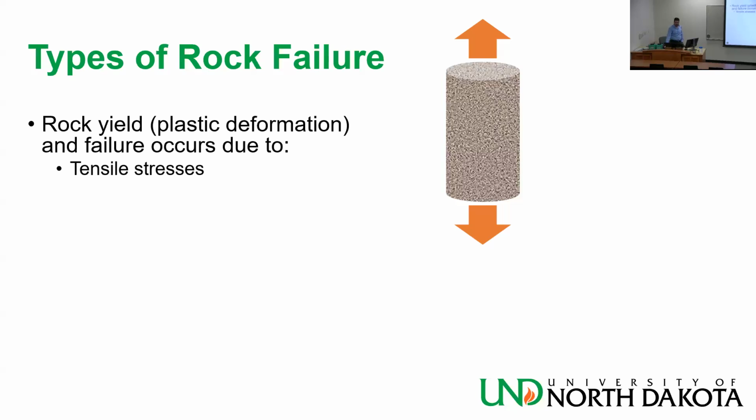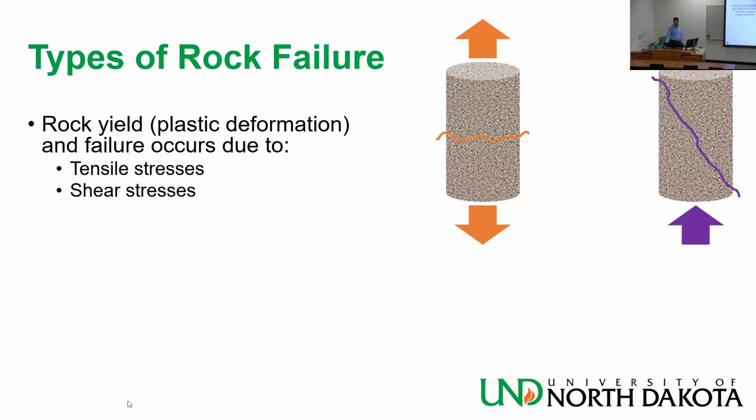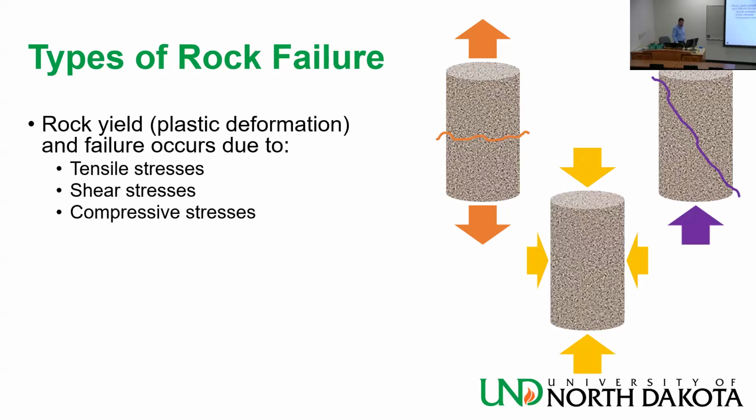Three types of failure. We have the tension, that's the mode one. We have the shear compressive, and we have shear collapse as well, which is basically, I have an animation for that.